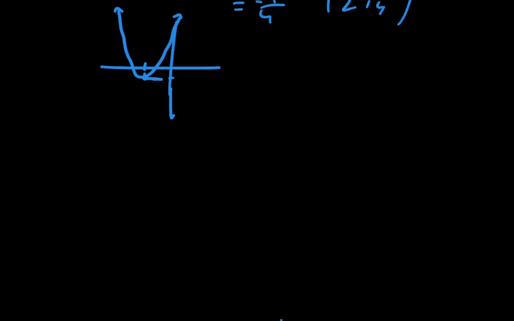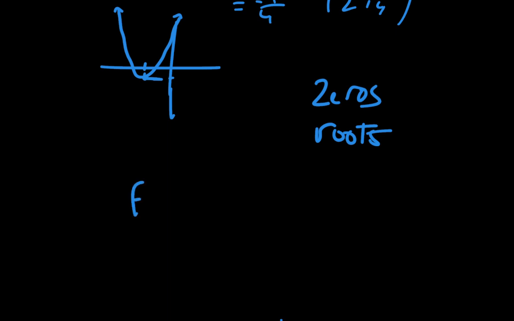Typically when you work with quadratics, you want to find where it equals 0, these zeros, where it crosses the x-axis. These are also known as roots. I'm just going to write zeros, roots. It's usually the subject of interest for quadratic equations.